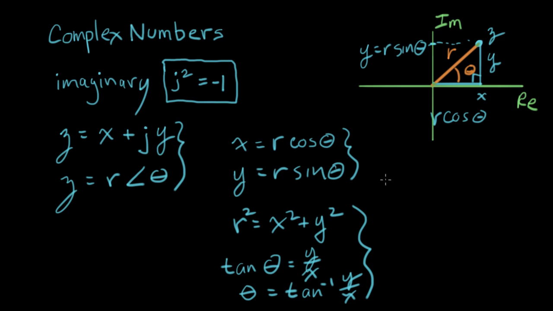What that looks like is z equals x, which is r times cosine theta, plus j times y, which is r sine theta. I'll put the r out front: r times cosine theta plus j sine theta.